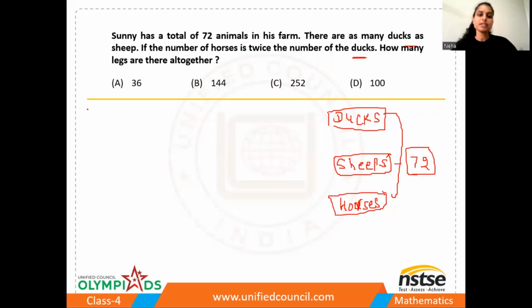So here I have to divide it into 4 parts. The first part is for duck, the second part is for sheep, and these 2 parts for horses, because horses are twice, correct? So if I divide 72 by 4, it is equal to 18. That means how many ducks are there? 18. How many sheep are there? 18.